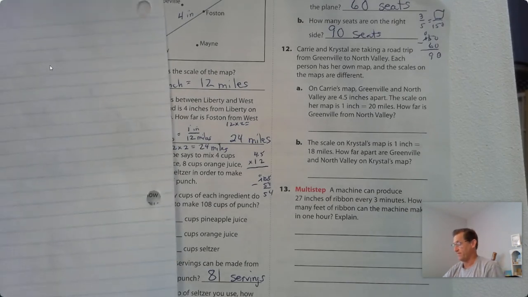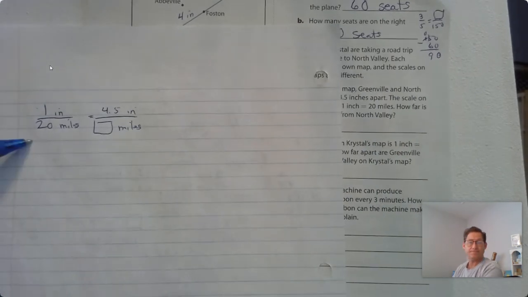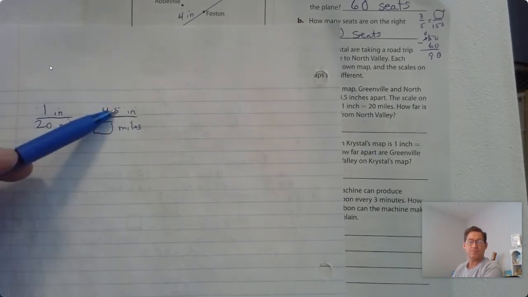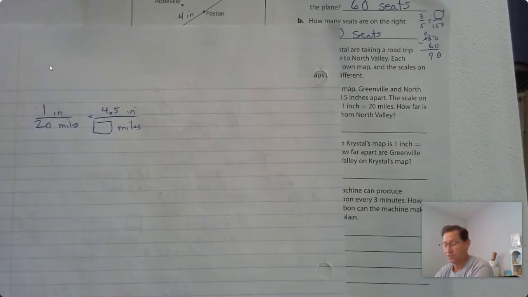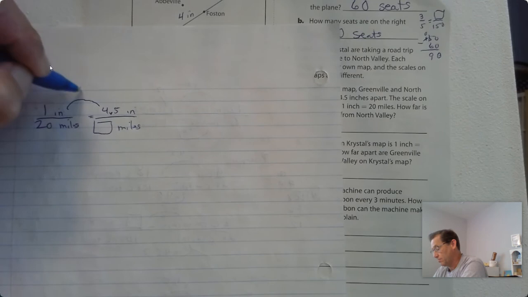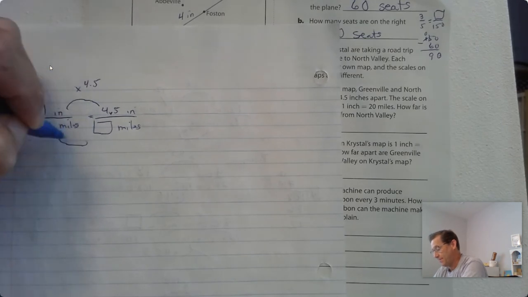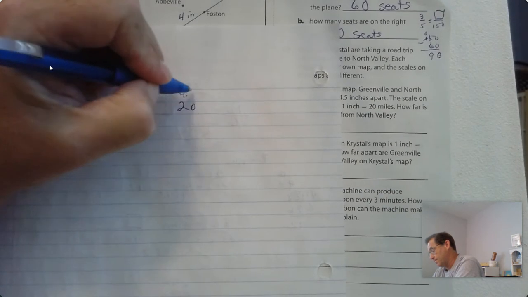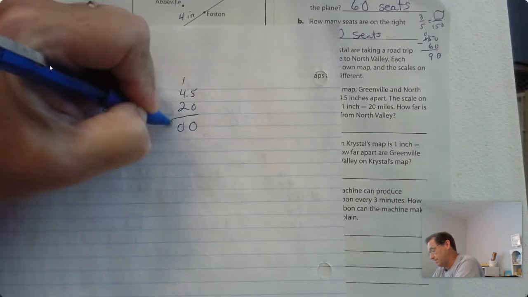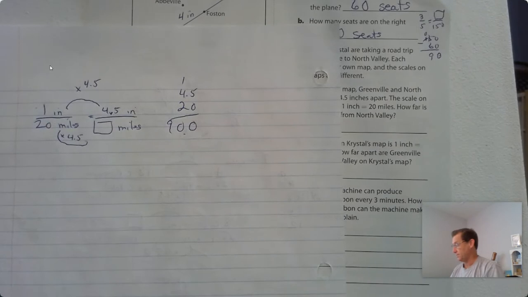How far is Greenville from North Valley? Okay, well, the scale is 1 to 20. The scale distance on her map is 4.5 inches. So multiply the distance by 4.5. So we get 90 miles.